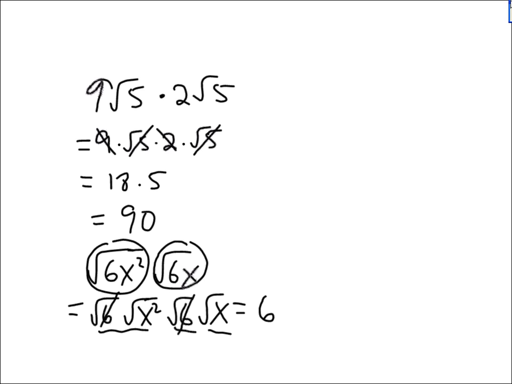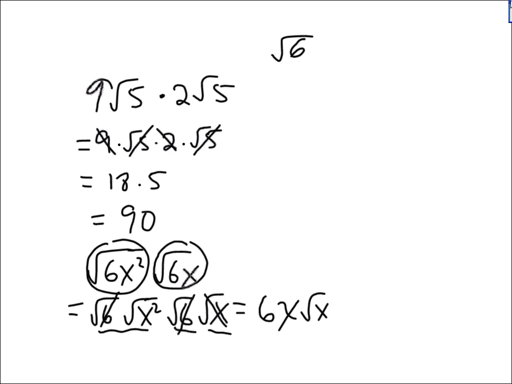The square root of x squared, you should know, is x. What times itself two times gives you x squared? x. So it's 6 times x times the square root of x. There is that answer. A couple more and we'll be done.